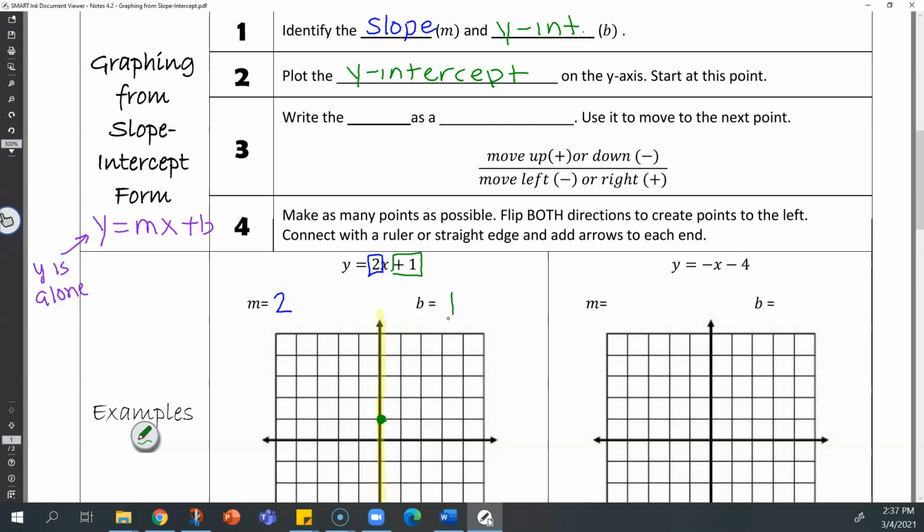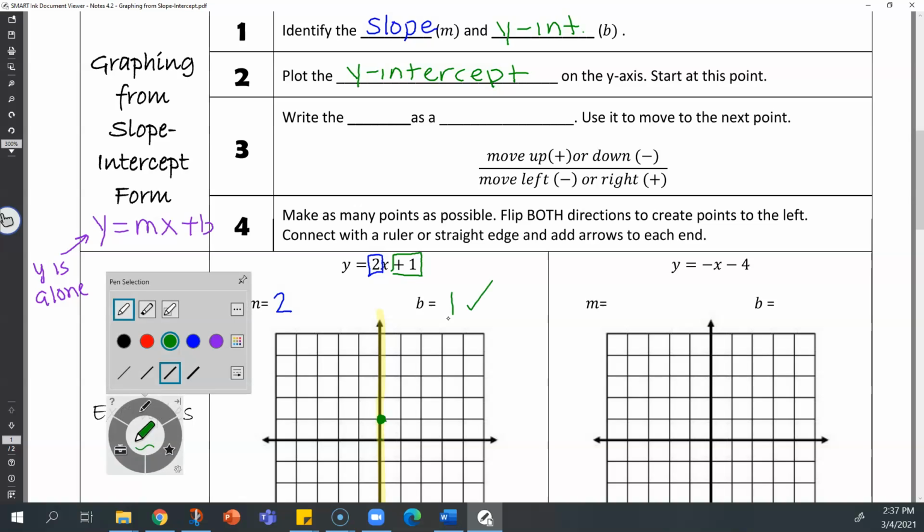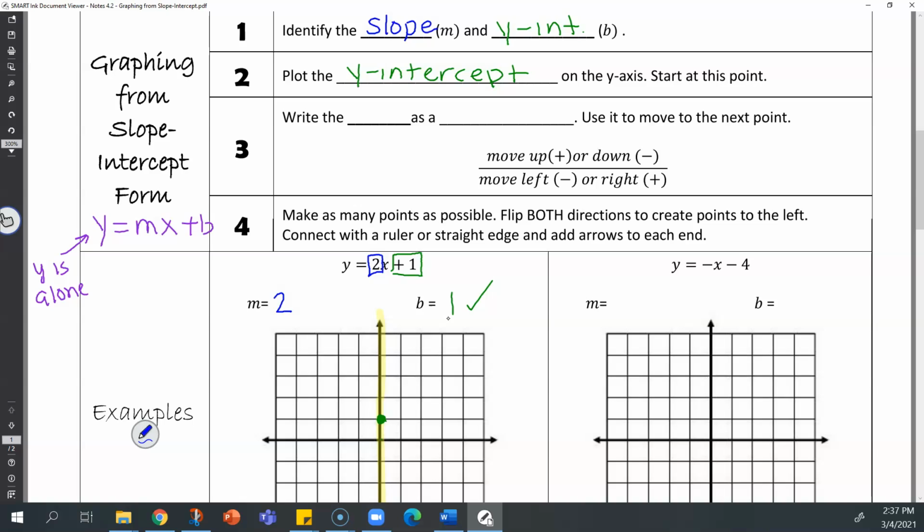Once I have my starting point, so I did that, done, I'm going to use the slope to help me draw the rest of the line. In order to do that, I need to write my slope as a fraction. When we worked with slope, we talked a lot about how slope can be a fraction and frequently will be a fraction.